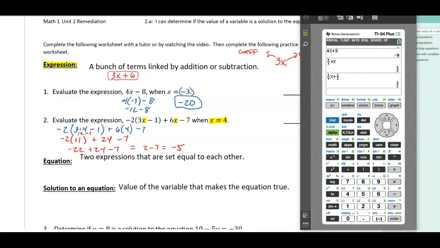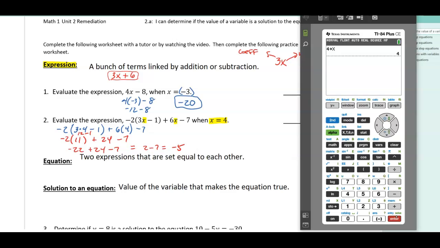Now, another way I like to evaluate these is using the calculator and a feature of the calculator that I like. What I'm going to do for this is store in that value of 4. So I'm going to type in 4, then hit the little store button with the arrow. And when I hit that, I'm going to go up and hit the X button, and then hit enter. So now every time I type in X, it'll replace it with 4.